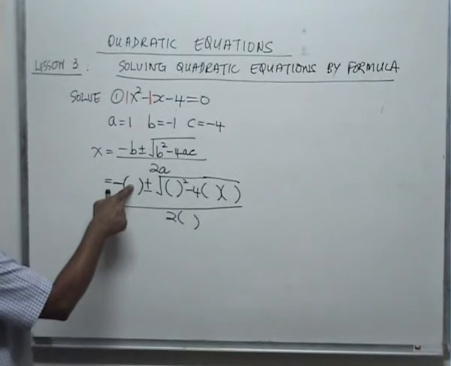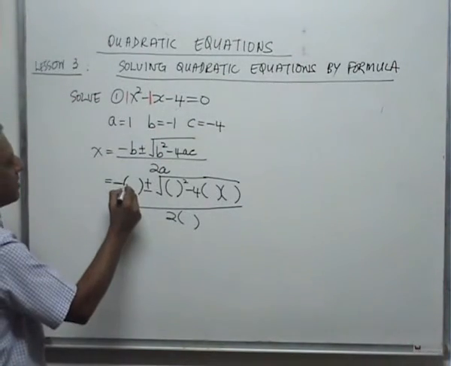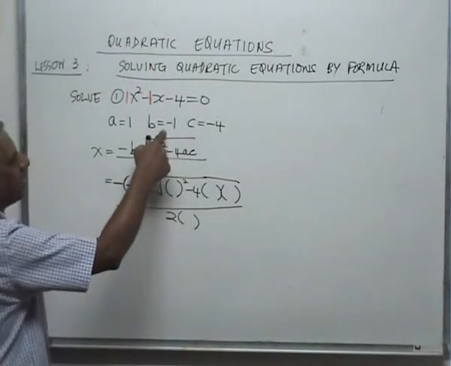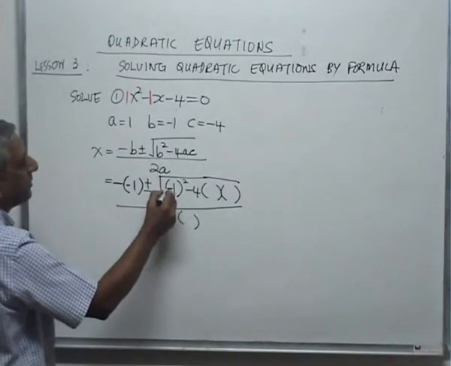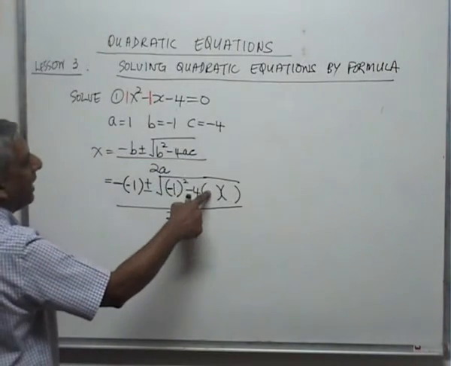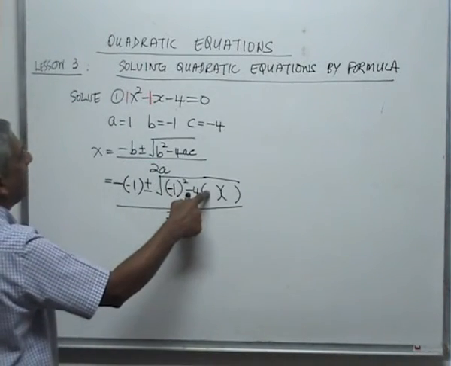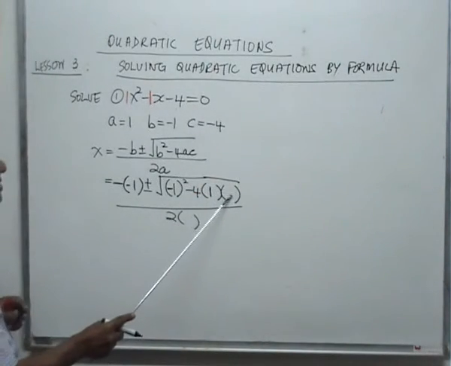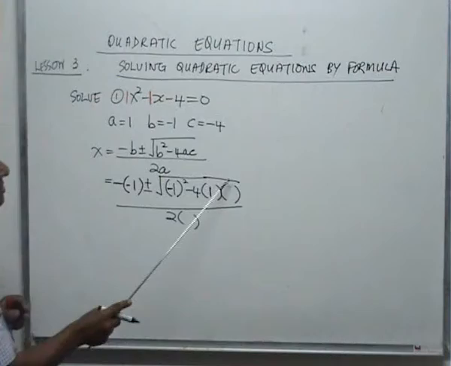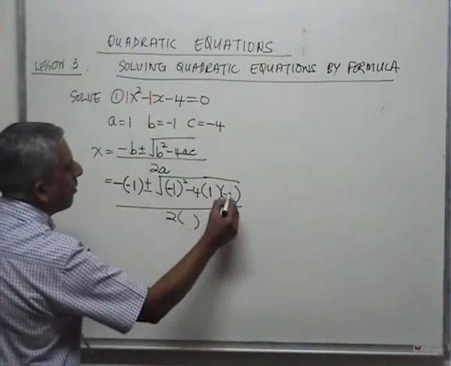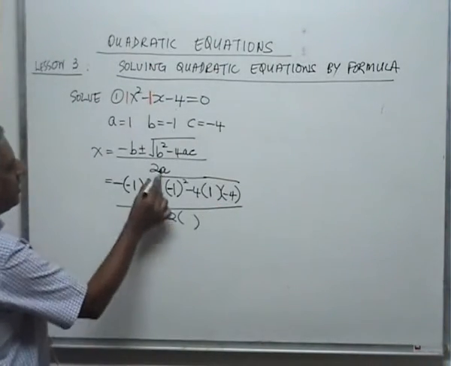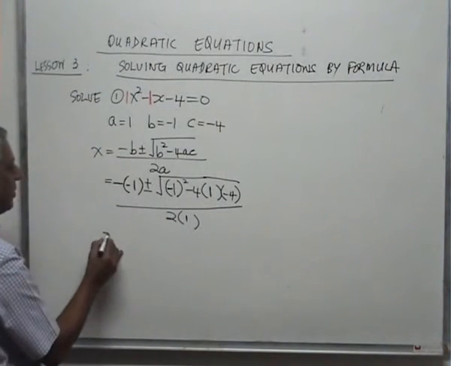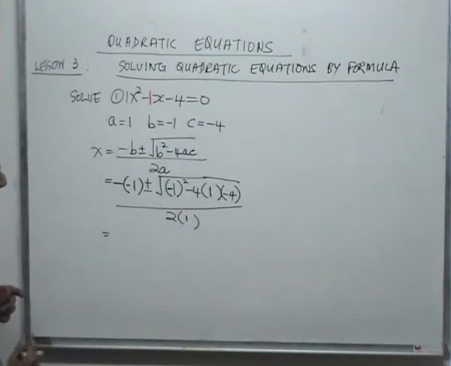Here we're going to put in b, b is minus 1. Here we're going to put in b, b is minus 1. Here we're going to put in a, a is 1. Here we're going to put in c, c is minus 4. Here we're going to put in a, a is 1.